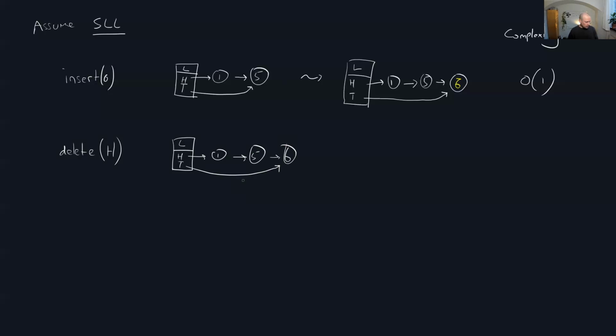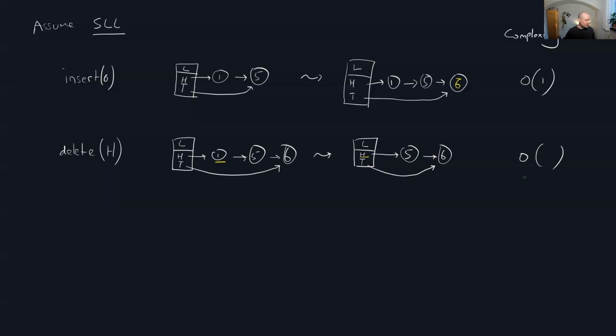If we want to delete the head, we can see what it looks like. This is the head here, so this is what we want to remove. We know we have a pointer to it, so we can simply say this now points to 5 instead. This now points to 6, and we didn't need to change anything there.